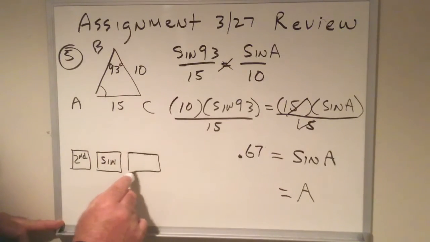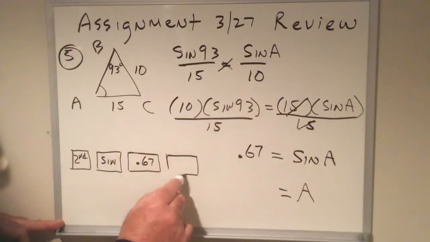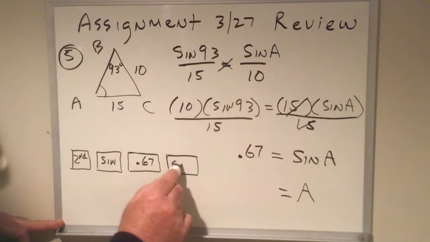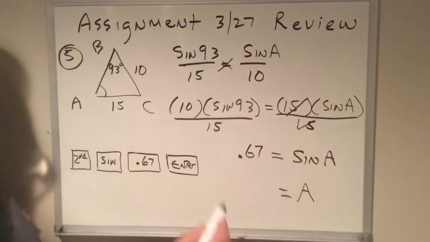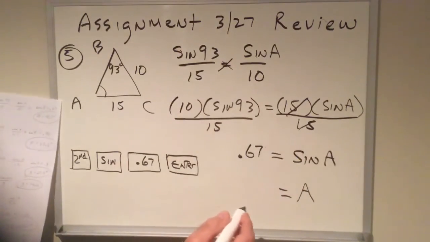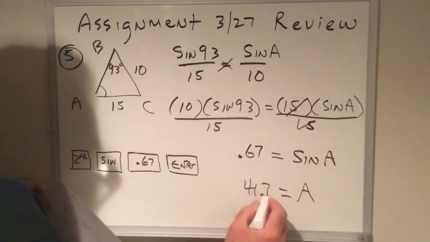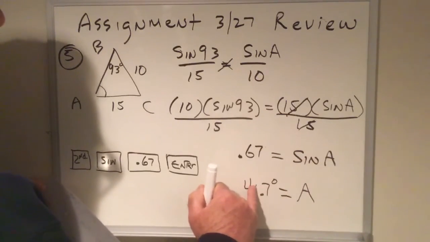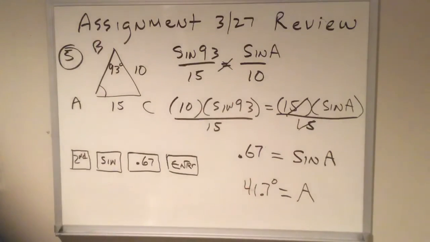Okay, second, sine 0.67, and then enter. And that'll get us the angle measure that matches up with that sine ratio. And that angle measure is 41.7 degrees. 41.7 degrees is the measure of angle A.